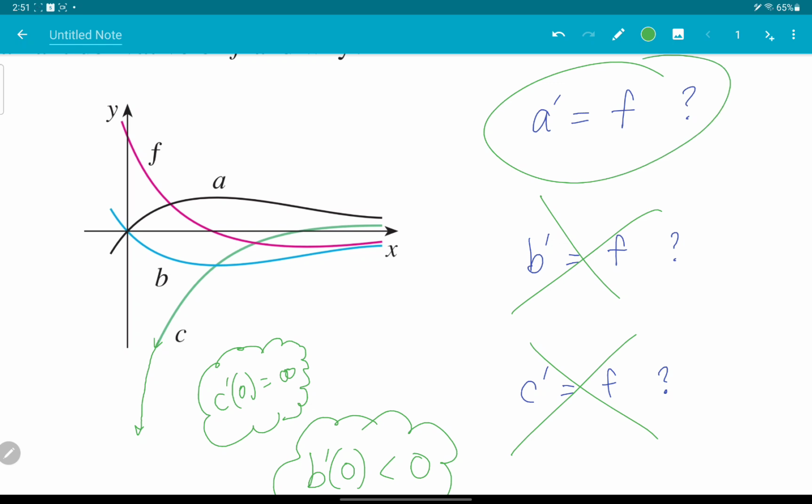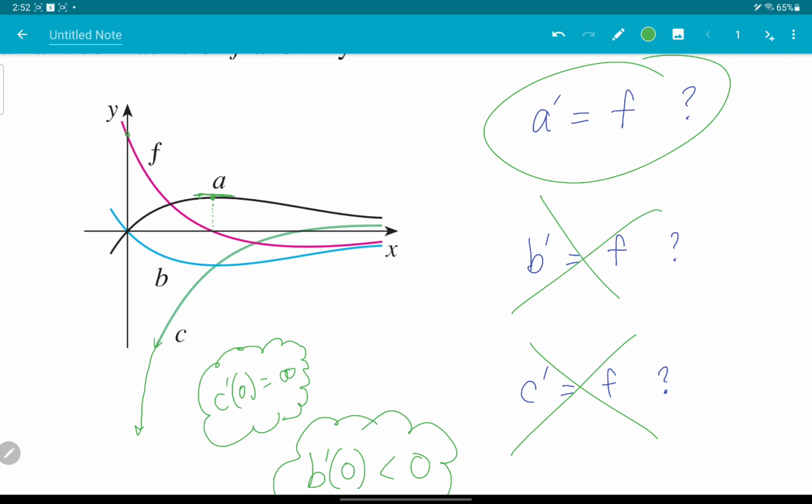And let's see why the rest of it makes sense. So a prime, the function a, starts out with a positive slope. And as I move left to right, the slope gets smaller along here, and you can see that f is getting smaller. And a reaches its max right here.